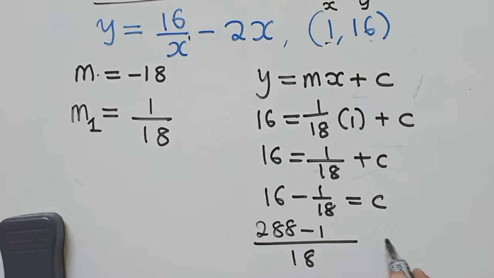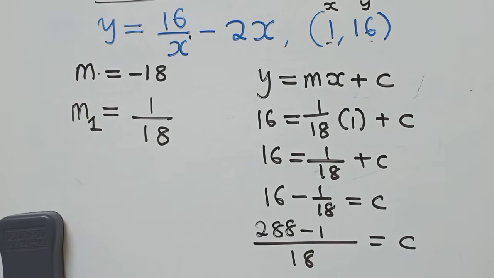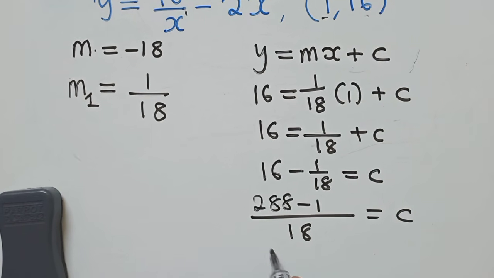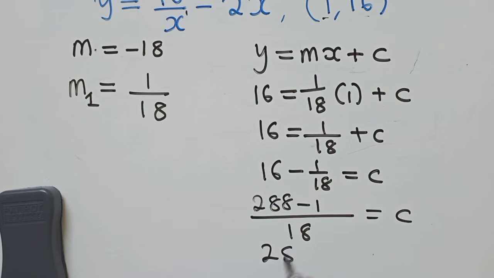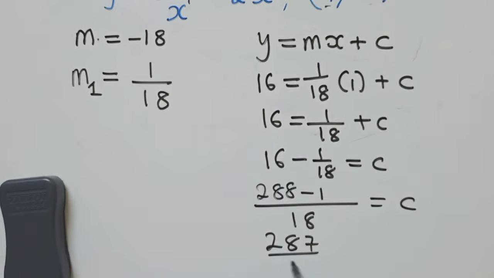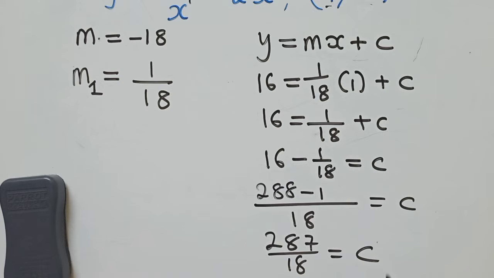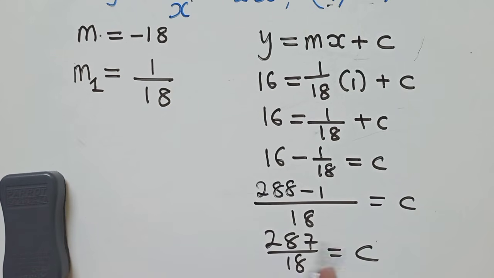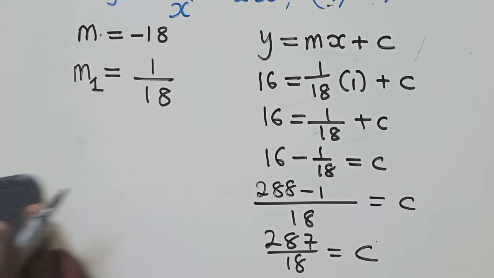So this is 288 minus 1 is equal to c. We finish it up, so we have 287 over 18 is equal to c. This is 287 because 288 minus 1 is 287.